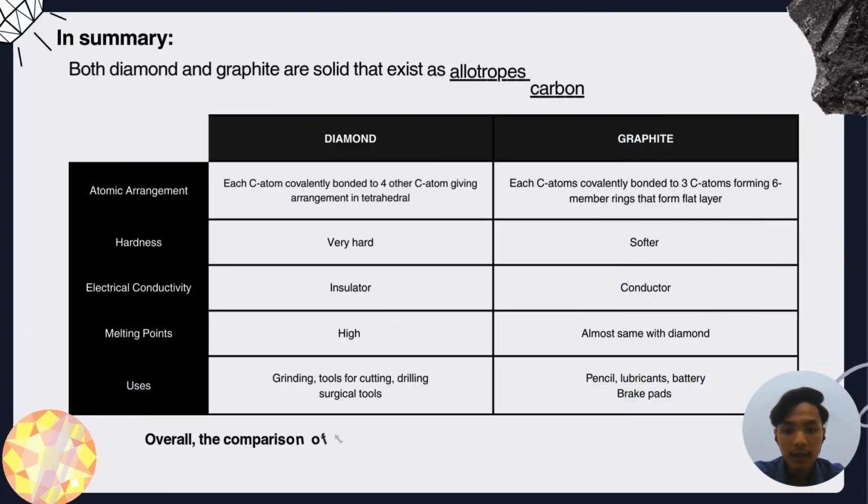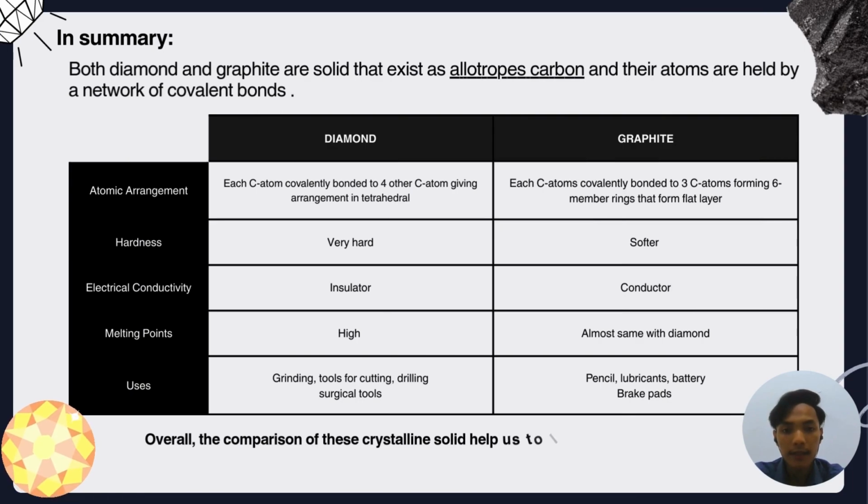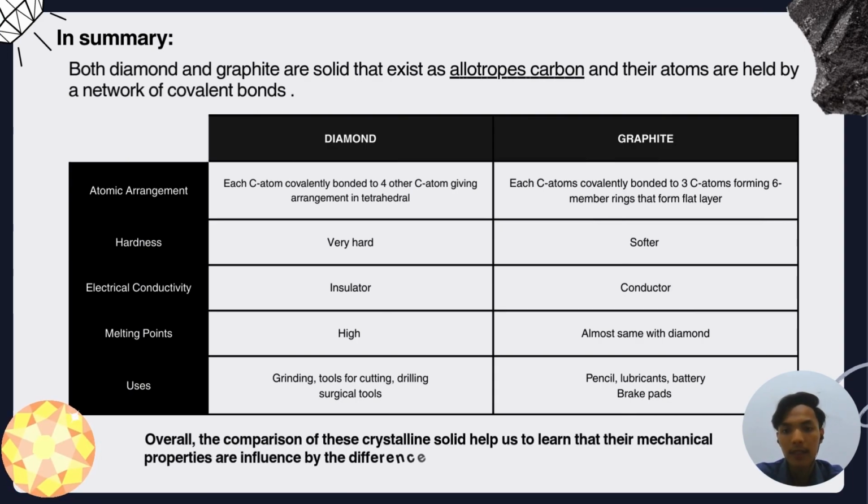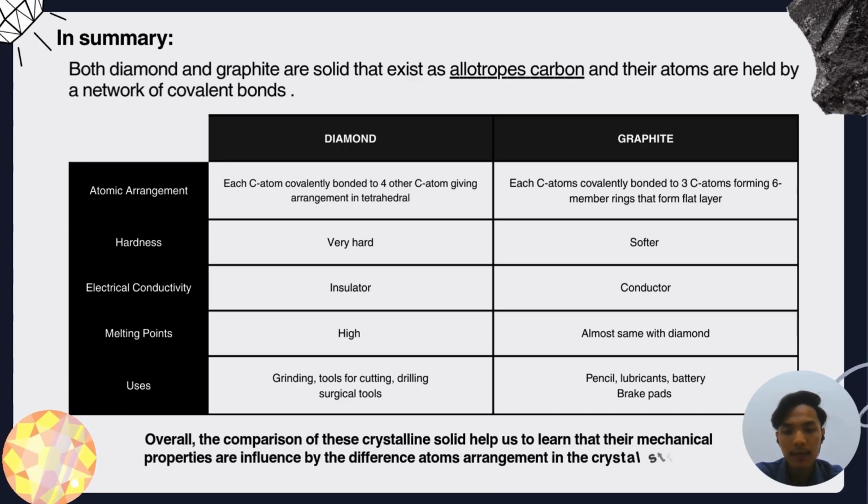In summary, both diamond and graphite are solids that exist as allotropes of carbon, and their atoms are held by a network of covalent bonds. Allotrope of carbon means the structural forms of the same element in the same physical state, but different in physical properties and chemical properties.